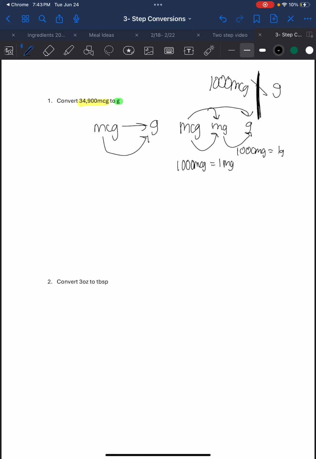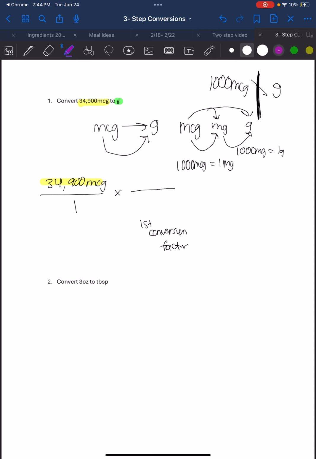So with that being said, you're still going to put your given over 1. So that would be 34,900 micrograms over 1. And we're going to multiply that by our first conversion factor. We have 2 conversion factors here, which I'm going to highlight in purple.